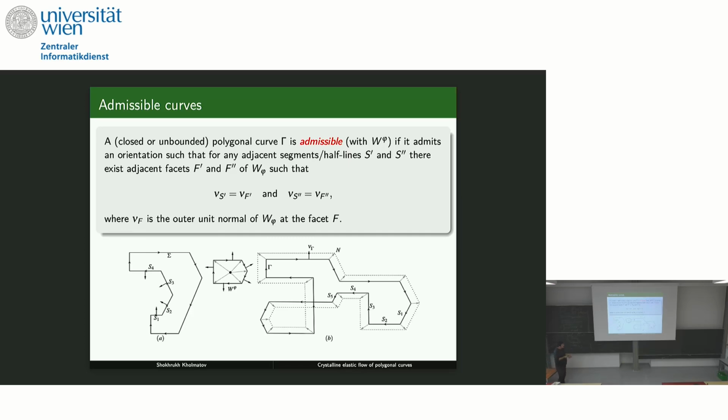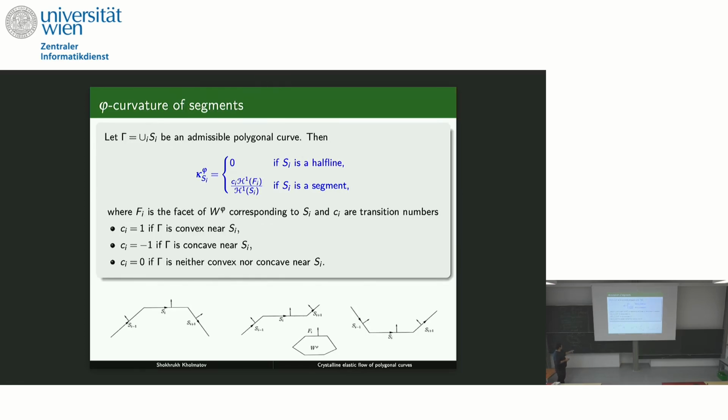And as I said, the minimal Cahn-Hoffman vector field is always linear. So this means each of my segments has constant mean curvature, and I can compute it explicitly using this divergence. And so it will give me 0 if S_i is a half-line. Basically, when S_i is a half-line, I can extend my Cahn-Hoffman field constantly, as soon as it is uniquely defined, along this half-line.